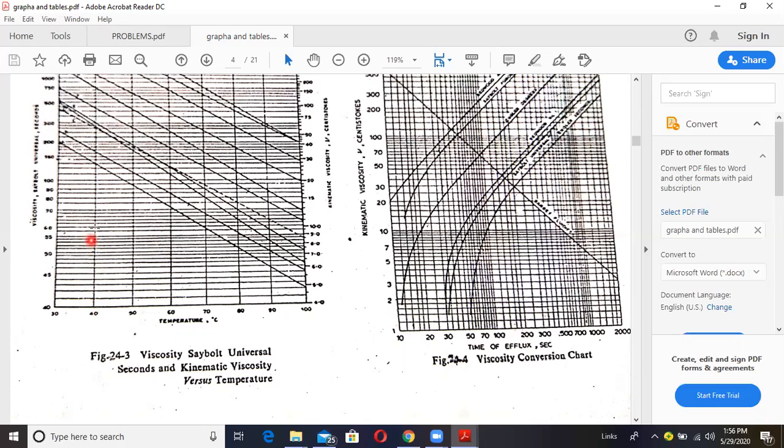If you come like this, 40 and up to 300, you will get somewhere here. Here that is A, B, C, D, again E. So if you come from 40 degrees in the upward direction and if you see 300, it touches the D curve.